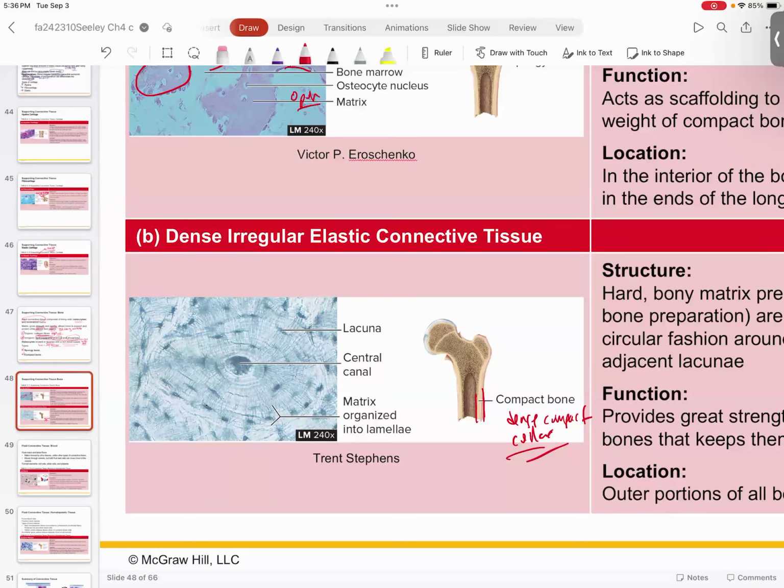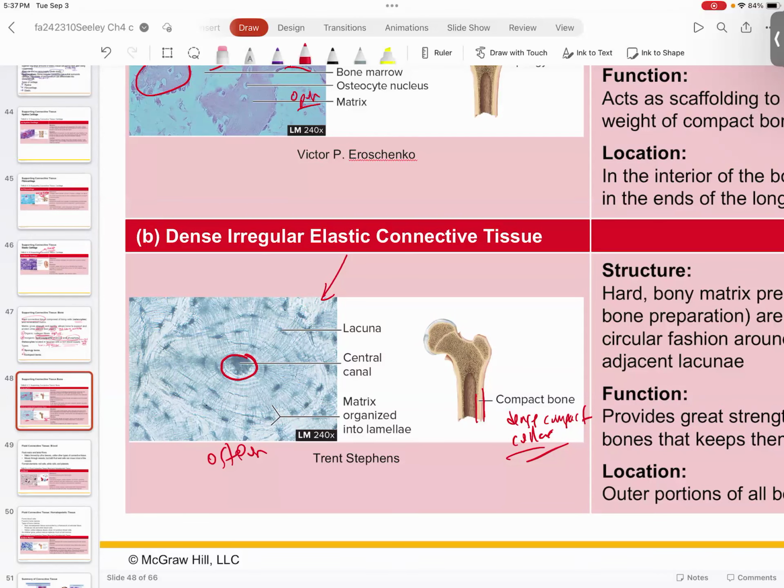Actually, its structure is a little bit different. When you take a look at the structure of it, it basically has this classic structure we call an osteon. So this right here is a picture of an osteon. And in the osteon, you start off with your blood supply. If you take a look at the central portion, you have your blood supply here. That's basically a blood vessel that's carrying blood through the bony matrix.